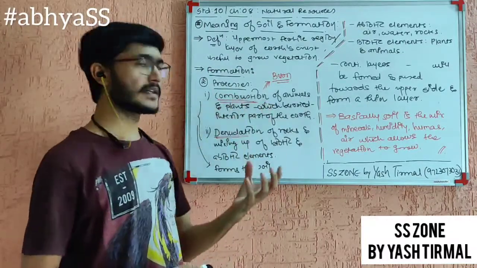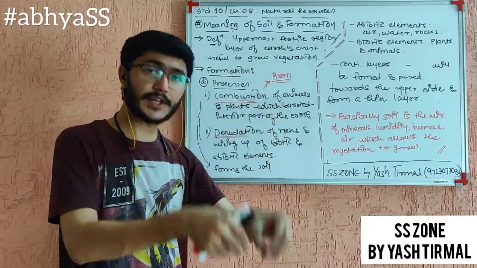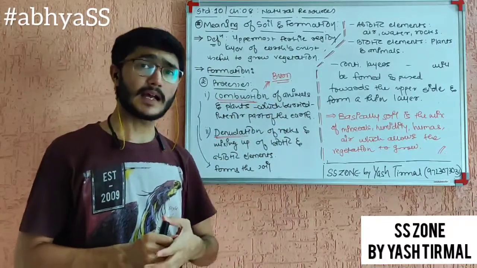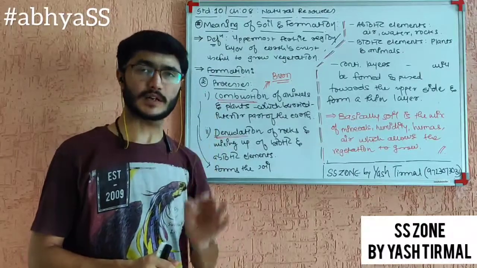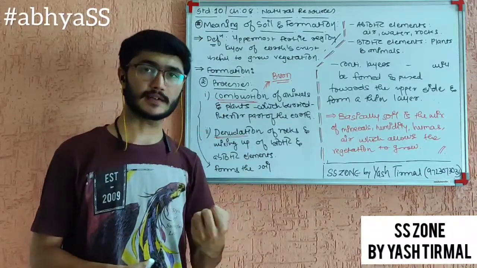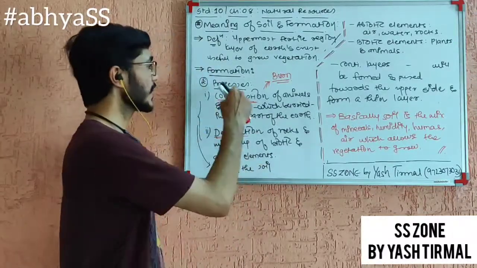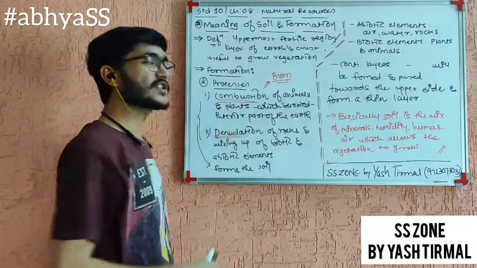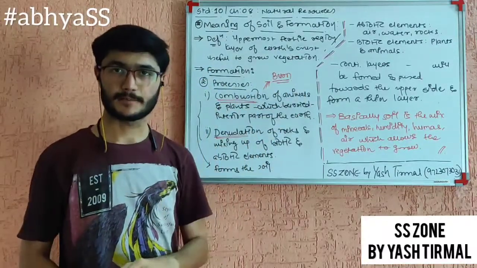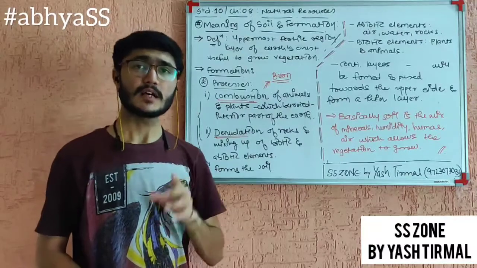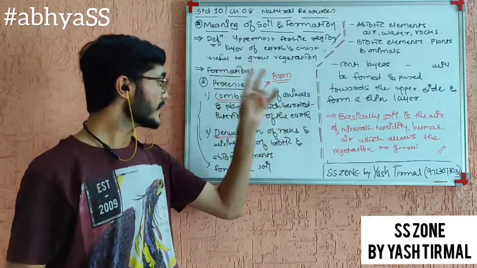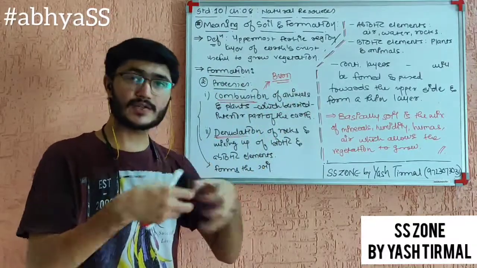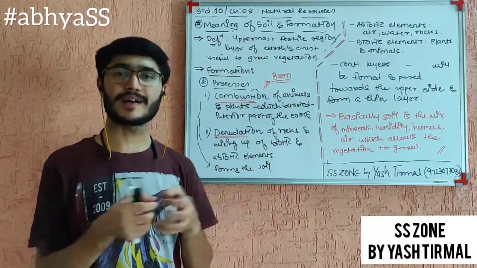Due to the presence of lava in the interior part of the earth, it will generate heat, and due to that heat, the combustion of the buried animals and plants will start. This combustion process allows these animals and plants to release all the minerals in them.